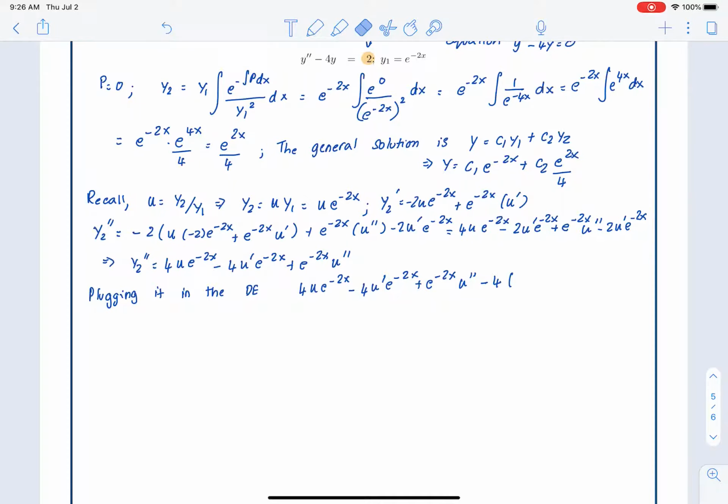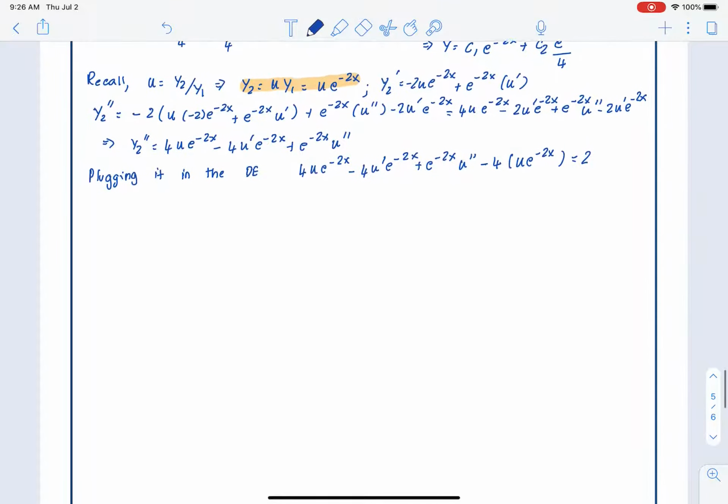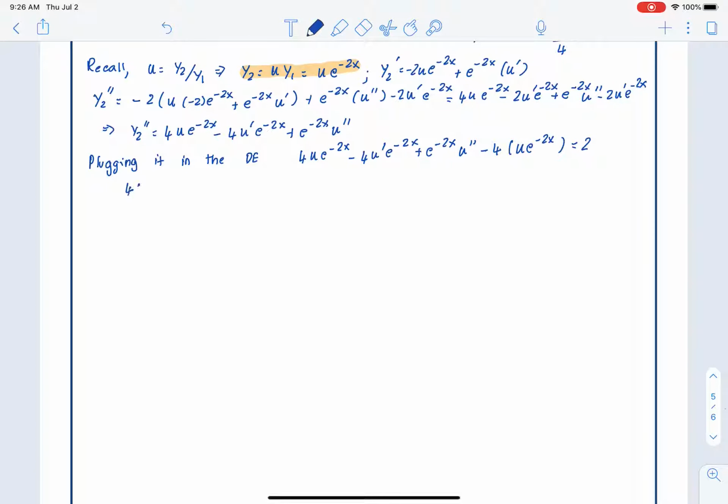But y2 is u times y1, which is u times e raised negative 2x. And that would equal 2, because we are moving on to the non-homogeneous part. So we would have 4u e raised negative 2x minus 4u prime e raised negative 2x plus e raised negative 2x u double prime minus 4u e raised negative 2x equals 2.